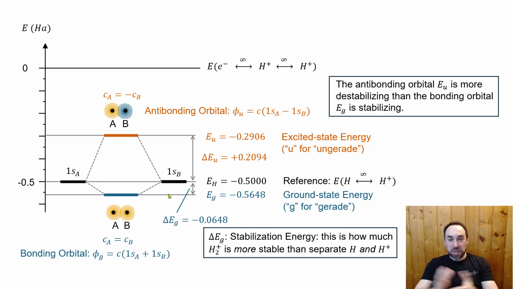That doesn't seem to be a big deal at this moment, but it's going to be extremely important when we look at the stability of electron configurations, when we start filling bonding and anti-bonding orbitals. It's important to remember that anti-bonding orbitals make the system more unstable than bonding orbitals make it stable.